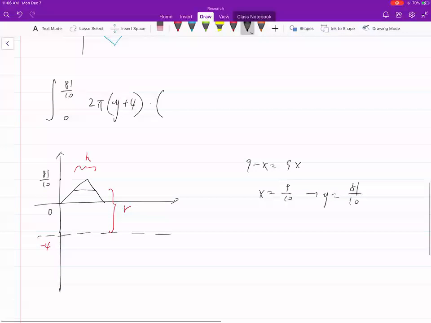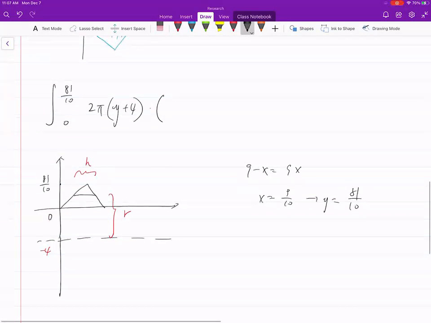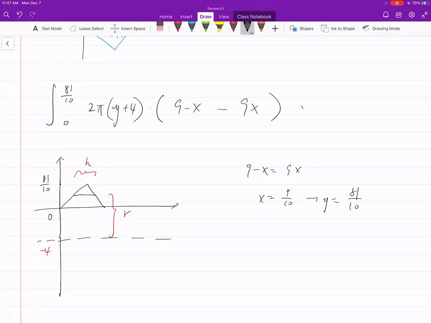Your h is going to be how long this thing is, and that is the difference between the two lines, right? And you need to use the right minus the left. Which one is on the right? 9 minus x is on the right because it's going down, right? 9x is on the left, so you should use this minus that if you do dy.